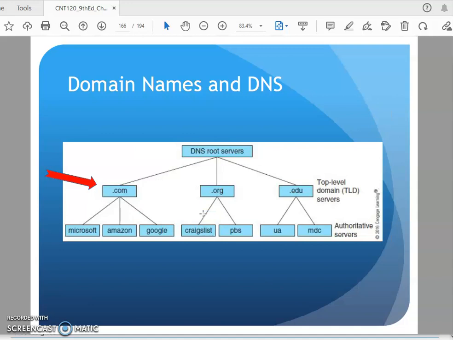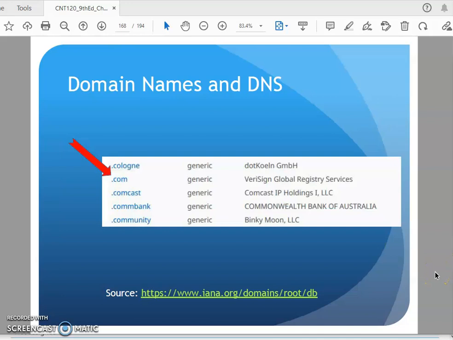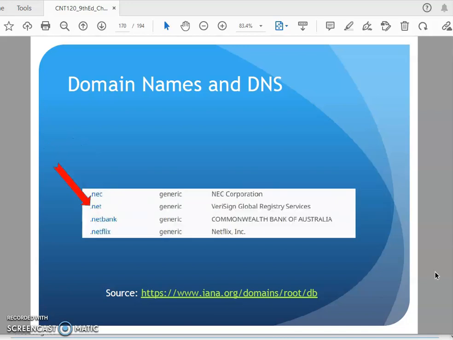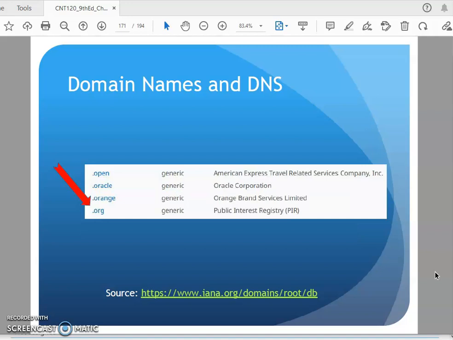So if I buy a domain name for .com, networkingisawesome.com, whether I buy it through GoDaddy, Network Solutions, whatever, that's going to make its way up to the top-level domain authority for .com. So if I take a look here, .com, that's maintained by VeriSign. .edu maintained by EDUCAUSE, .net maintained by VeriSign, .org maintained by Public Interest Registry.